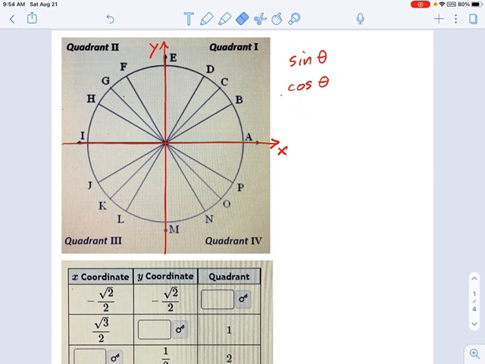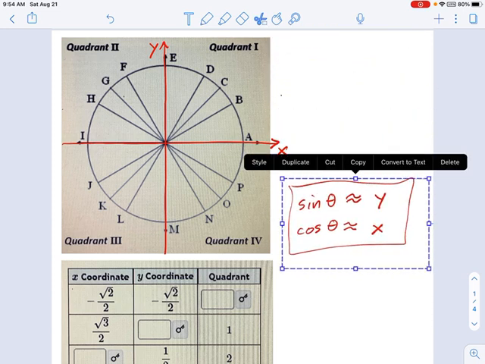Sine is your y coordinate, and cosine is your x coordinate, assuming you're on the unit circle. That's an important assumption. You have to have a hypotenuse of 1 on all of these triangles, and then you're on the unit circle, and you can make this assumption that sine is just the y value and cosine is the x value.